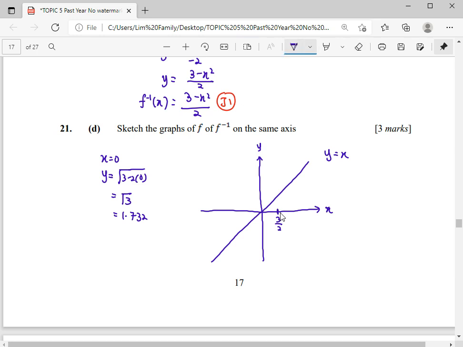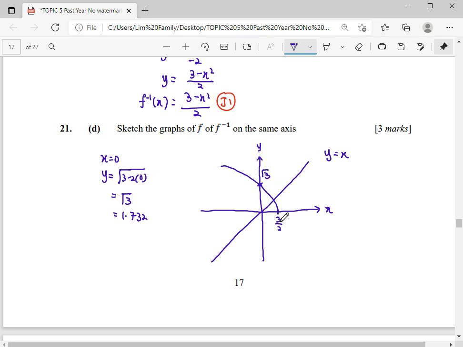Alright. So this is our curve. So you can see this will be our sqrt3. So my sqrt3 is longer than 3 over 2. Then definitely later on when we reflect our f inverse, our graph will be accurate.